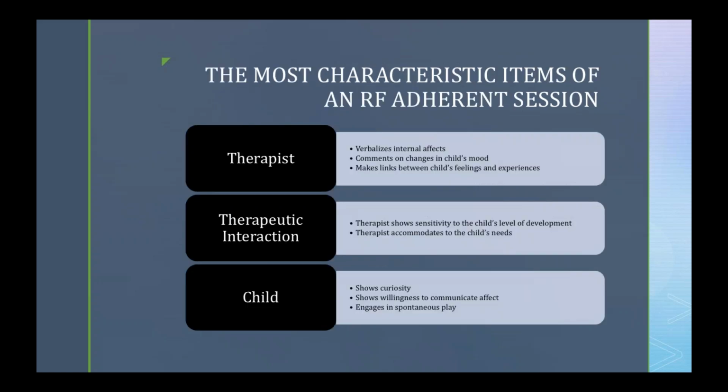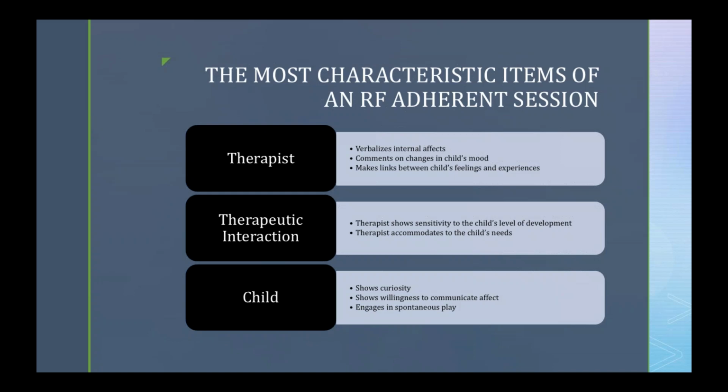So the most mentalization adherent items are the ones that are on this scale. Therapist verbalizes internal affects, comments on changes in the child's mood, makes links. Therapeutic interaction items that show sensitivity to the child's level of development, accommodates to the child's needs. Child shows curiosity. Child is willing to communicate with affect and engages in spontaneous play. There are other items that are correlated with the mentalization adherent session.